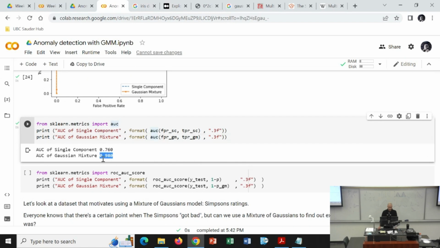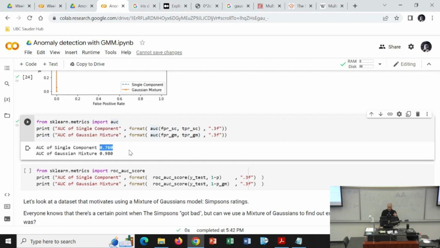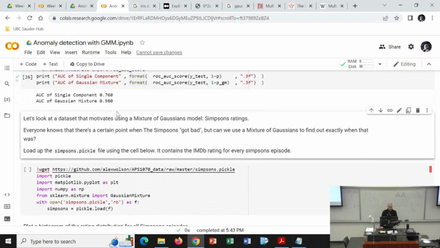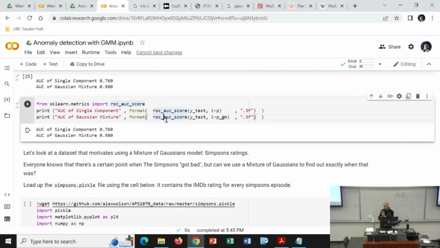AUC for the 5-component model is 0.98, which means it's very good. For the other one it's 0.76. And when AUC is a half, it means it's just a coin toss, right? So less than half is just embarrassing. This is the same thing, just computed differently. So this was Gaussian mixture model.